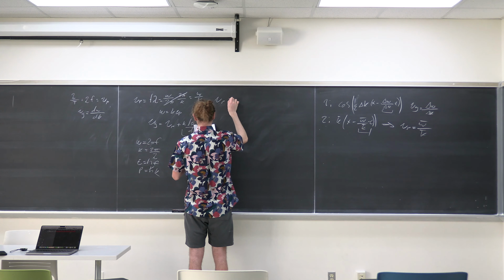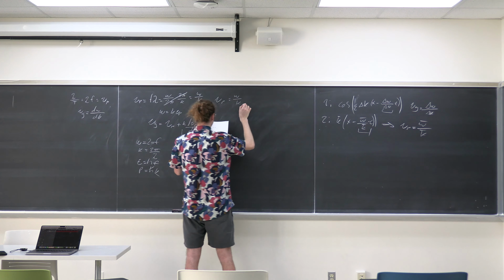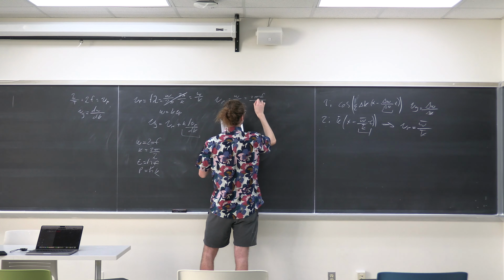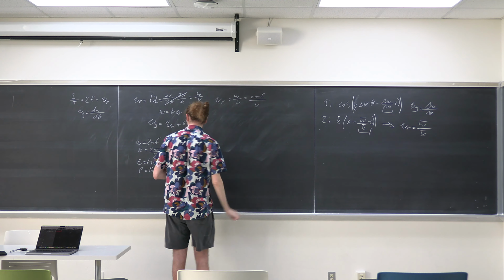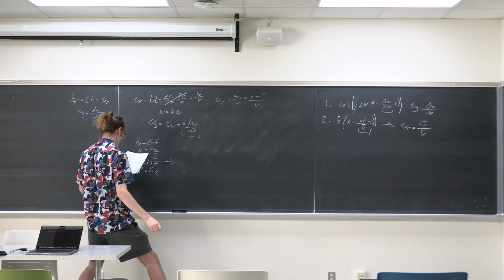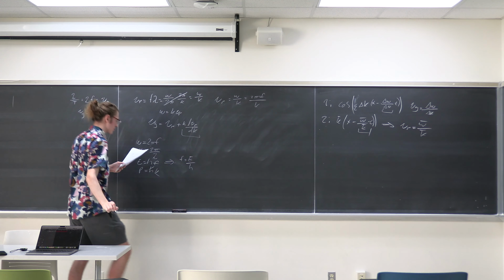vp is equal to w over k, which equals 2 pi f over k. From this, we can also get that f is equal to E over h.